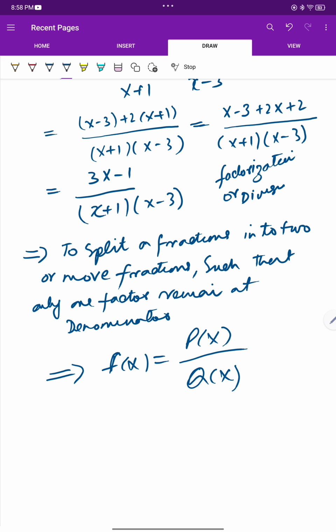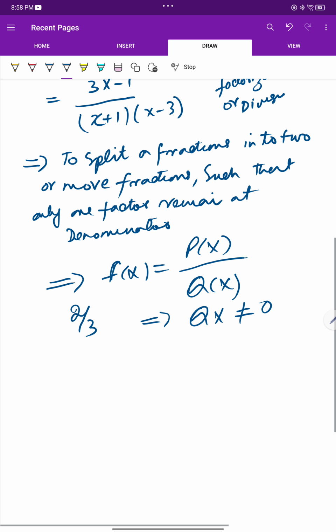This is what we call a fraction, like 2 by 3. In most cases, q(x) is not equal to 0. This is the definition. And then there are different types for the polynomial.